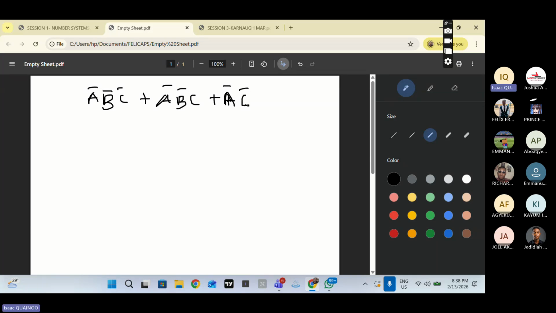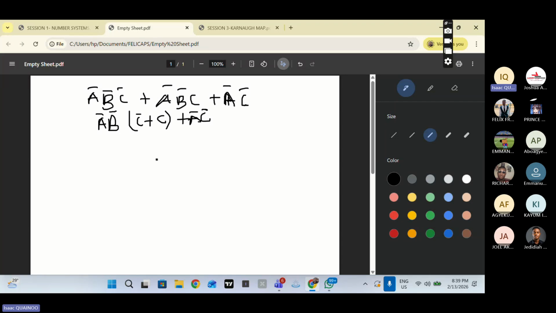I believe this was a question. To solve this, we can directly factorize A bar, B bar. If we factorize this, we'll have C bar plus C right here, plus A bar, C bar.